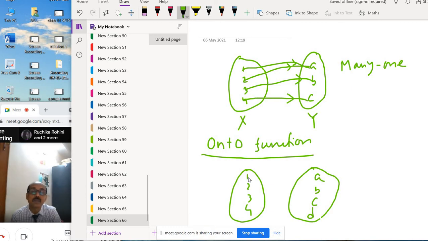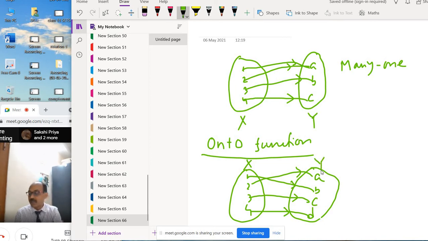Suppose image of one is B, image of two is A, image of three is C, and image of four is D. Okay. So the first set is X, second set is Y.